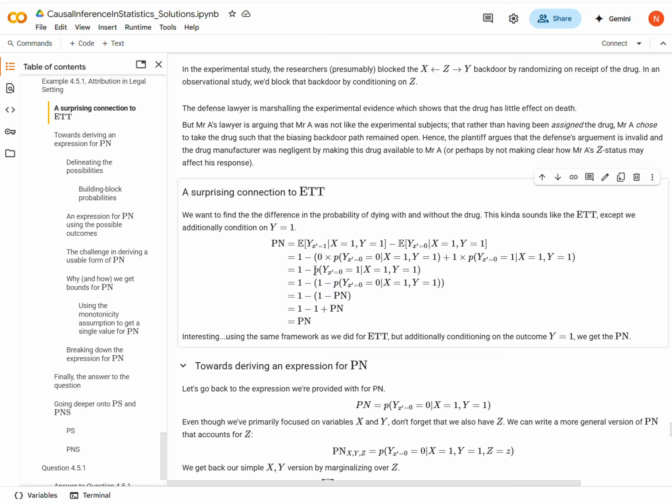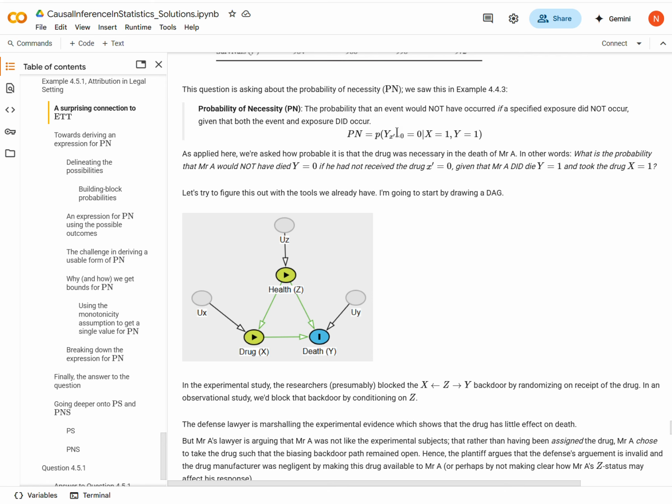Well, this expression right here can be written as 1 minus the opposite of that happening, so 1 minus them actually not dying. Now we have this. Well, what is this expression right here? This is the probability of necessity that we already found.